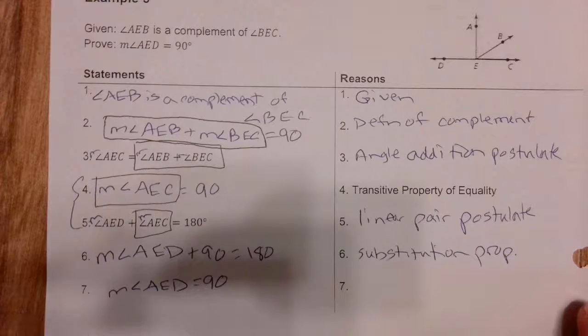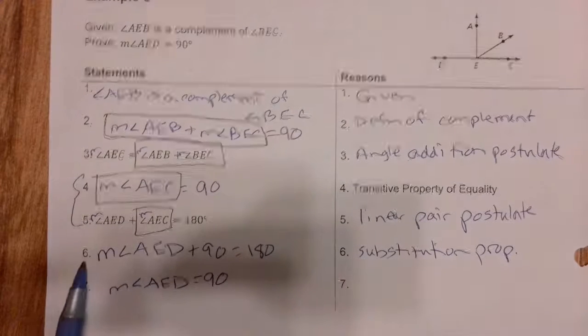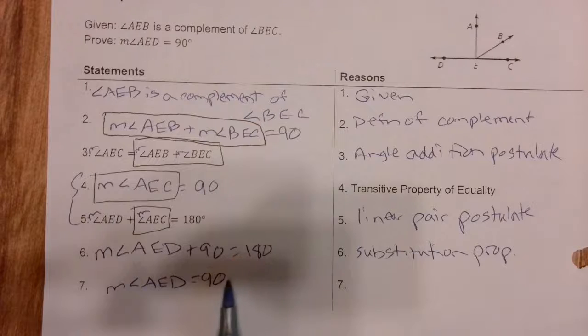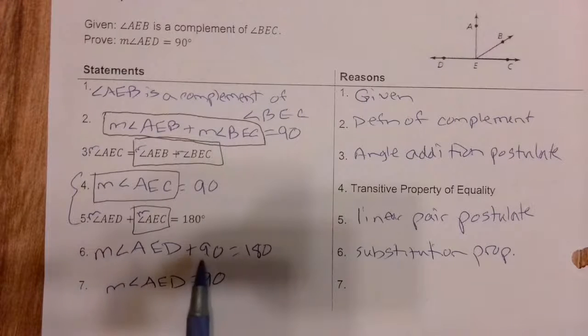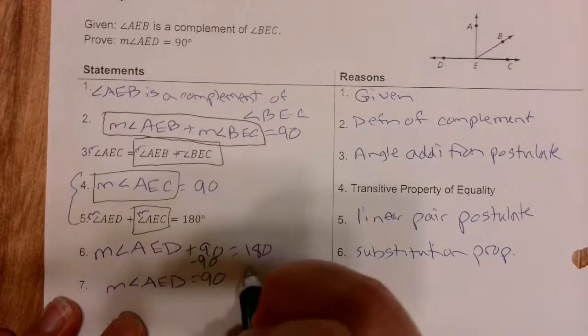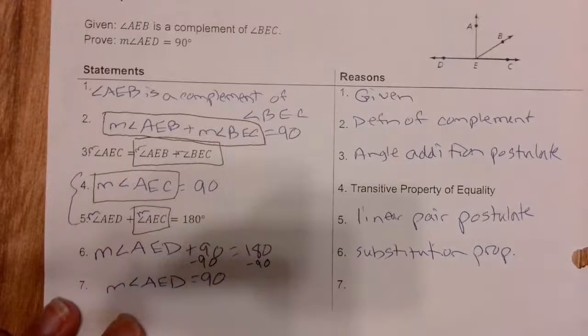All right, one more blank. What happens from line 6 to line 7? It kind of looks like the 90 moved from the left side to the right side and the 180 disappeared. But what actually happened? How did they get the measure of angle AED by itself? I bet they did that.